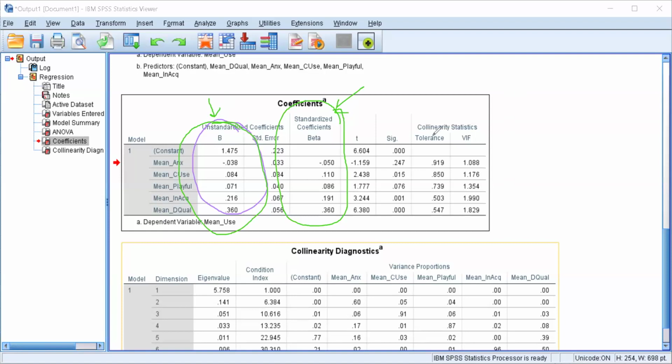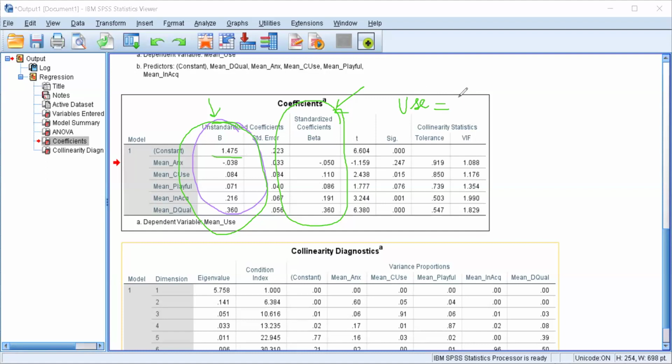So now, how do we interpret these beta coefficients? Interpretation is: what was our dependent variable? Use of a certain commodity is explained by B0, this constant.